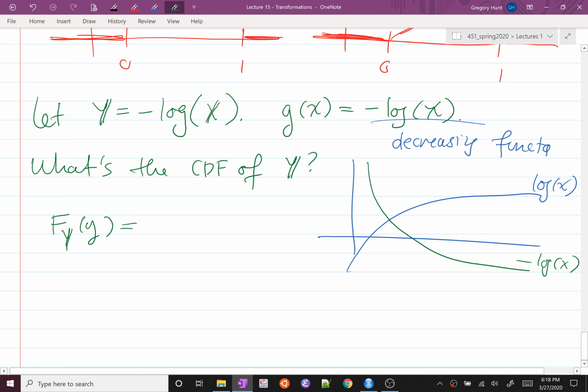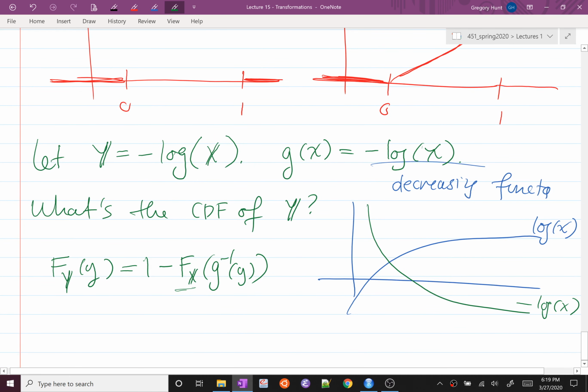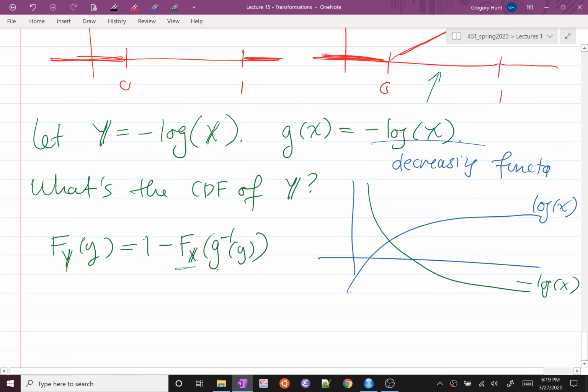And so F_Y of y in the decreasing case, we can take 1 minus our CDF of X, and we can plug in g inverse of y. Okay, so we derived the CDF of X above. That was this one here. And so we need g inverse of y.